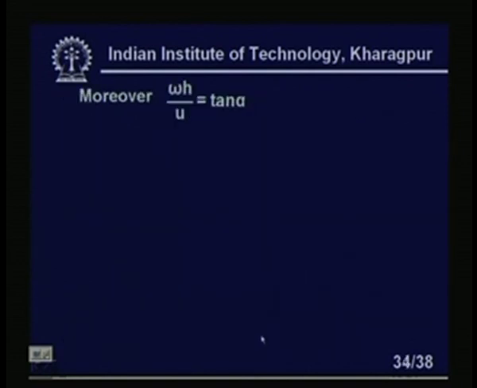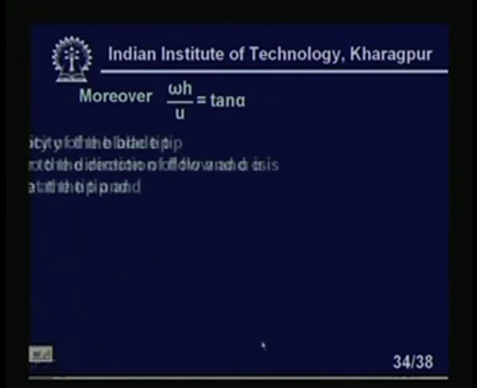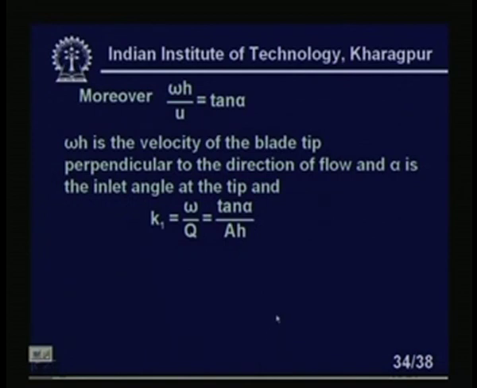Moreover, we have seen that omega h by u equal to tan alpha. Omega h is the velocity of the blade tip, because it is a circular cross section: the circular frequency multiplied by h, the height of the blade from its central position, gives the speed of the tip of the blades per second.